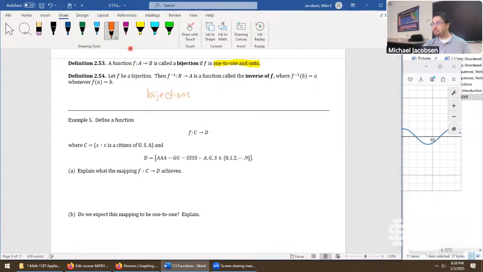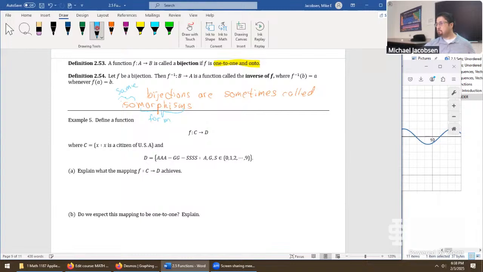Let's say here, bijections are sometimes called isomorphisms. Let me spell it correctly. Where this iso part right here means same, and morphisms means form.